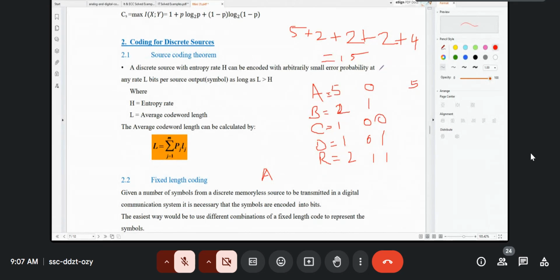Yeah, but of course this is less than ASCII. Of course, you can't compare with ASCII because ASCII is meant to cover 128. It has an alphabet of 128.